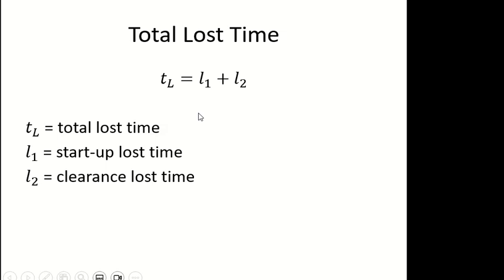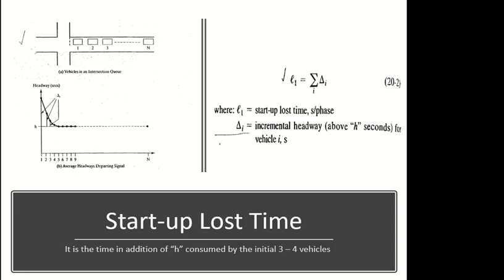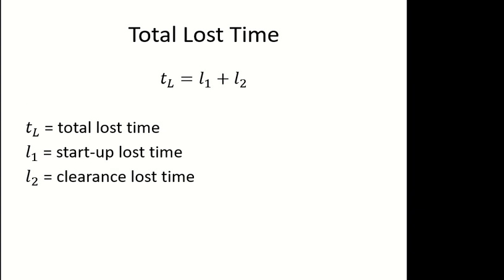In one phase of the signal, remember I told you one phase means green, yellow and red. The signal becomes green, you have startup loss time. Then at the end, we have something which we call clearance loss time. Clearance loss time is that time where the vehicles are approaching the intersection, but the signal has become yellow already.